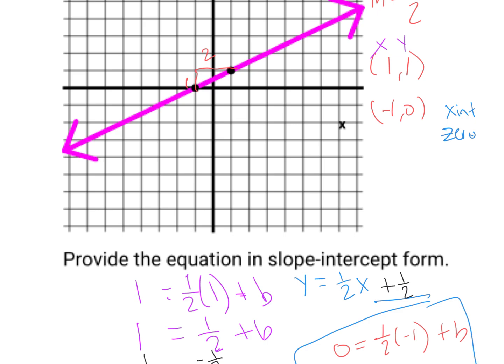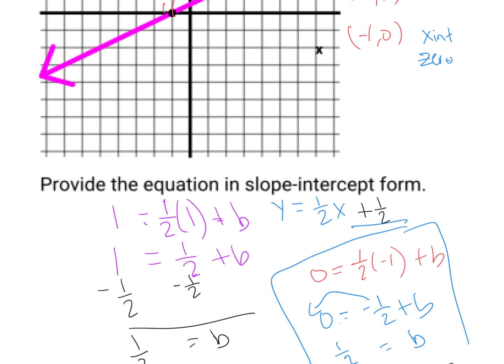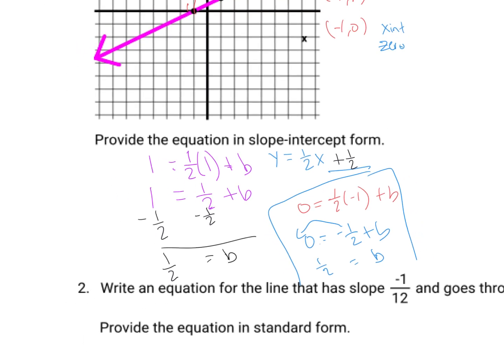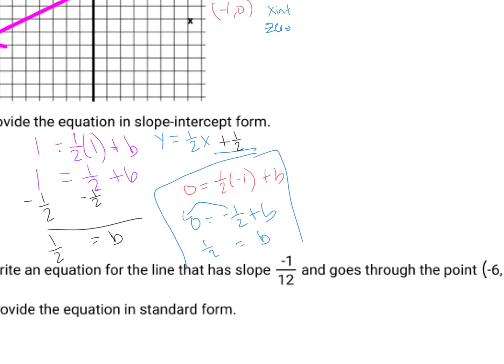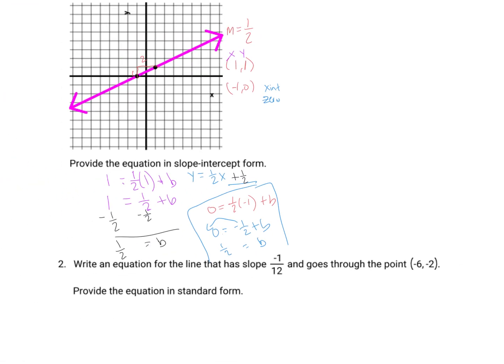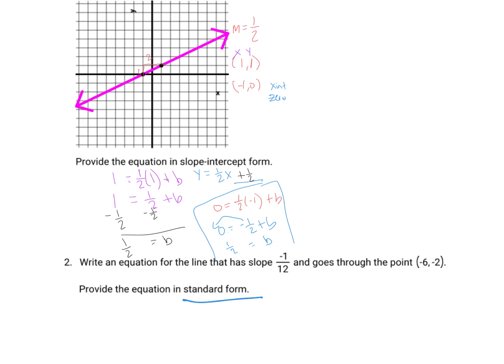Okay, number 2. You are given the slope and a point. And we are looking for standard form. Can we go straight to standard form? No, you cannot go straight to standard form.